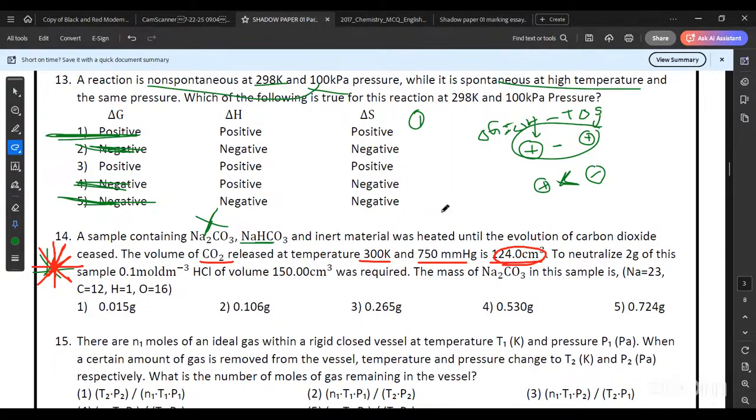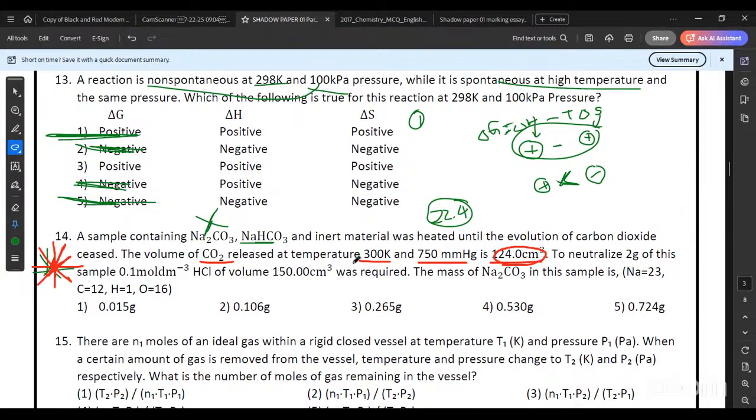Remember, 22.4 is at STP conditions, 273 Kelvin and standard pressure. It's the standard temperature and pressure. This is not standard temperature and pressure. 300 Kelvin is not standard temperature and pressure. Remember that.